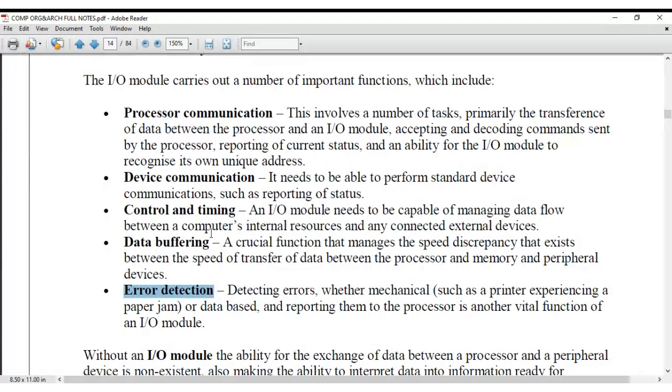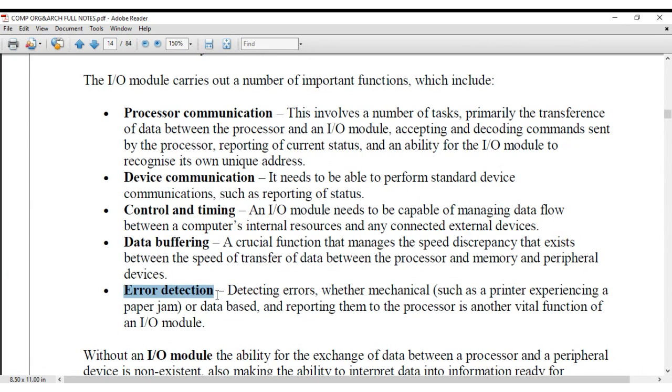We say that data buffering is basically temporarily storing instructions before execution happens if the RAM is preoccupied, and it relieves the RAM from a lot of storage at a given time in a multi-processing environment. We also talked about error detection.